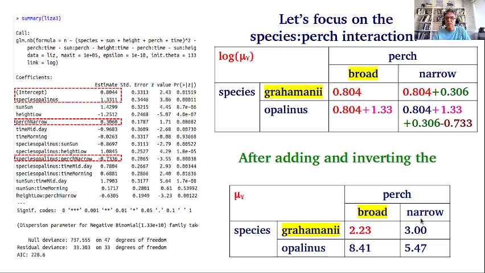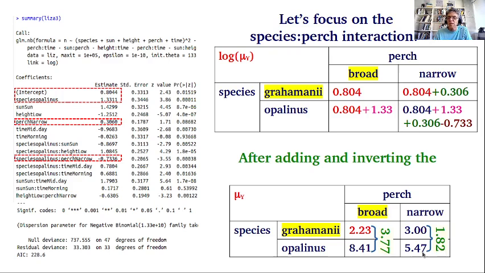What we see here, if we make the ratio, for instance, of Opalinus over Grahami, is that Opalinus is 3.77 times more abundant than Grahami when the perch is broad, but the difference in abundance, by dividing 5.47 by 3, is only 1.82.